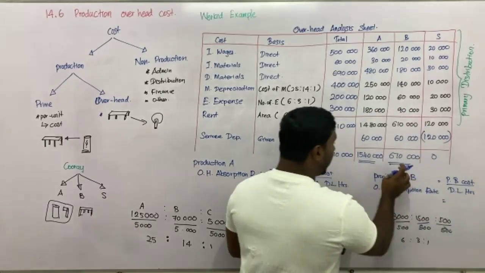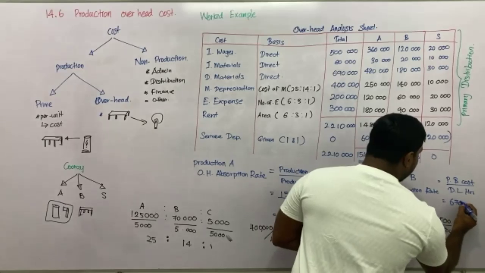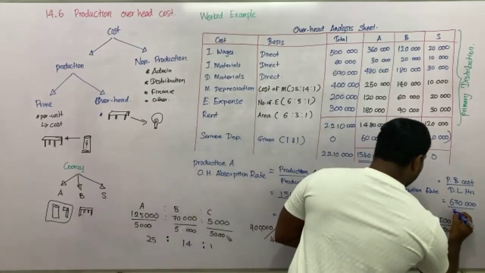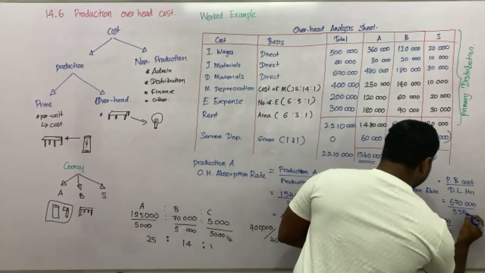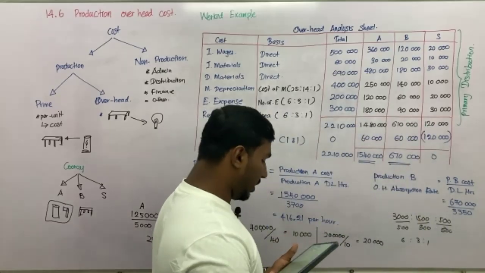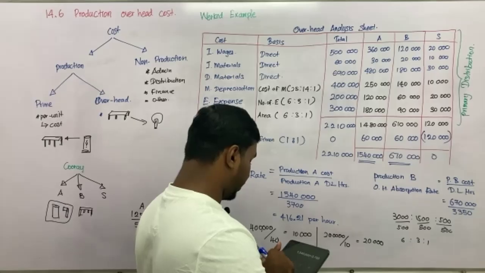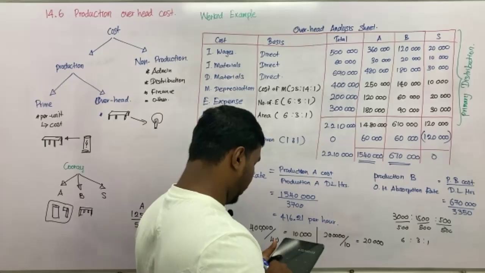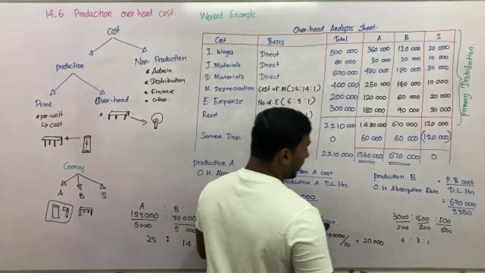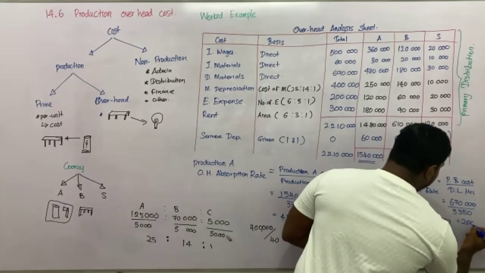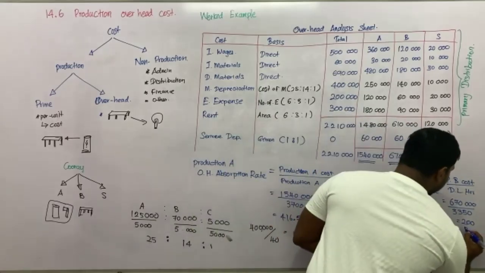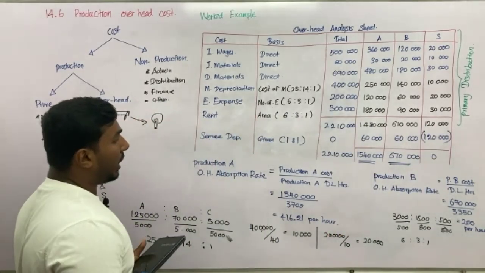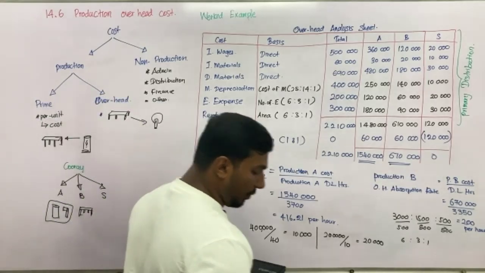For production B, we have 670,000 divided by the direct labor hours, which is 3,350. Okay, so the answer will be 200 per hour. So that will be our overhead absorption rates.